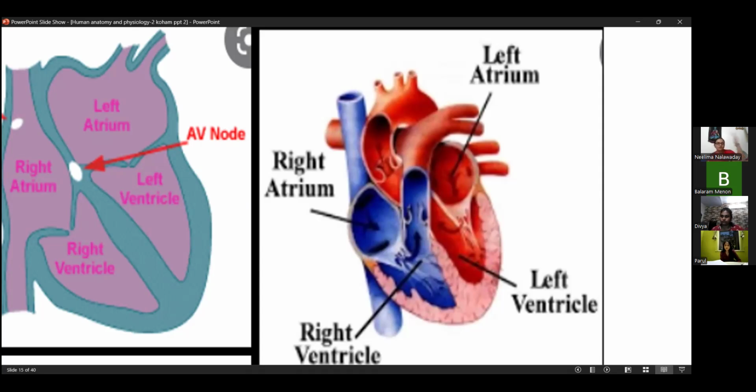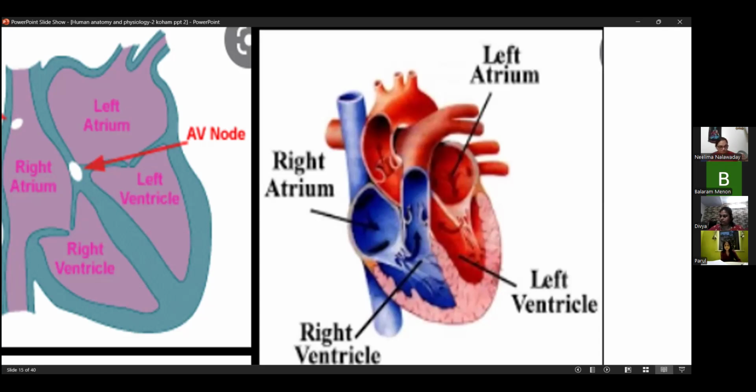With that forceful contraction, this oxygenated blood goes into the arch of aorta and then it gets supplied into each and every part of our body. So that's how it works.